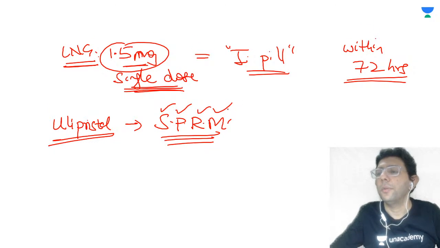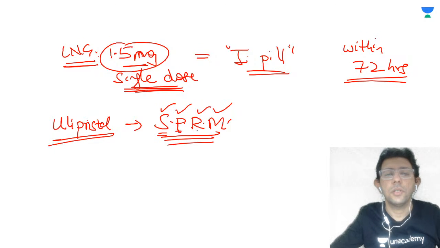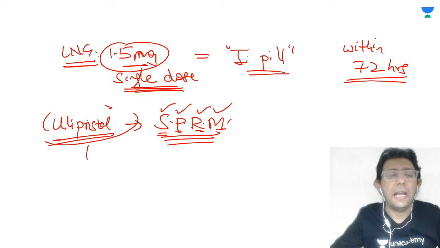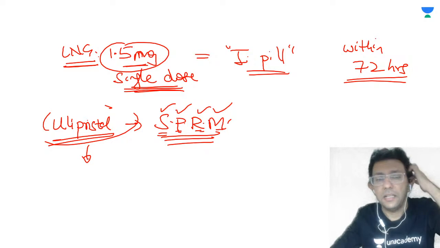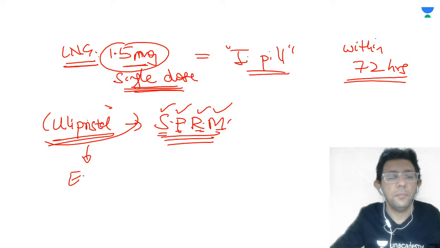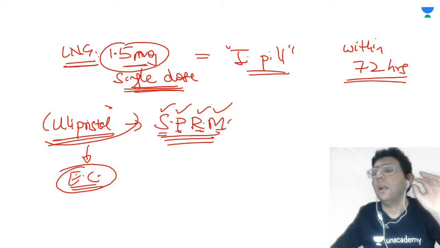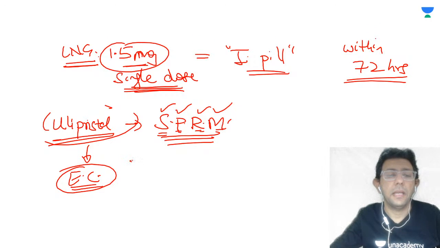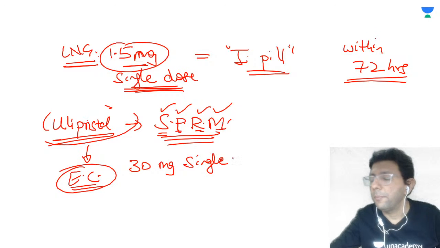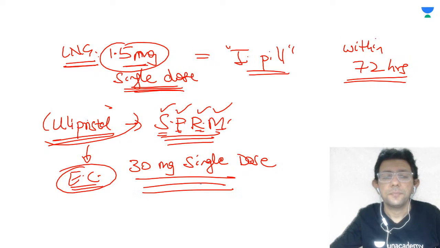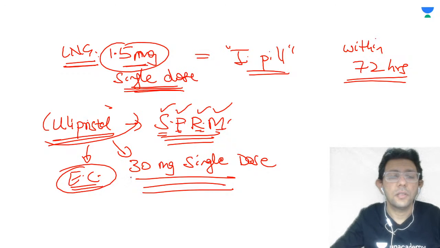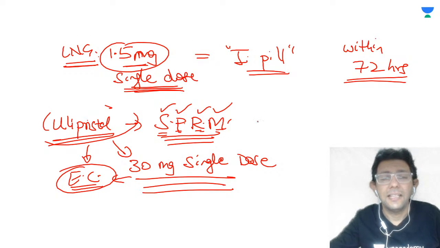The advantage is that this is now also available for emergency contraception. The dose, very likely to be asked in the upcoming exam, is 30 milligram single dose. I repeat, 30 milligram single dose is the dose of ulipristal for emergency contraception, and this is effective up to 5 days.